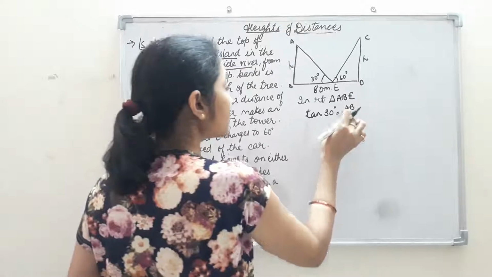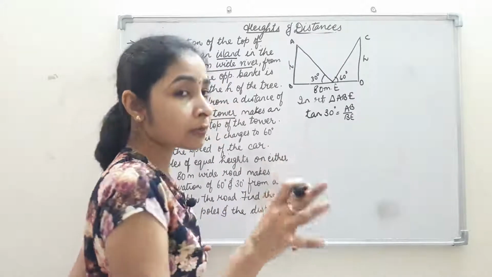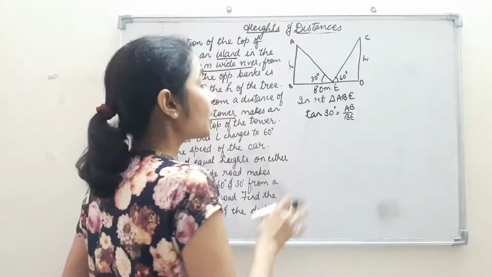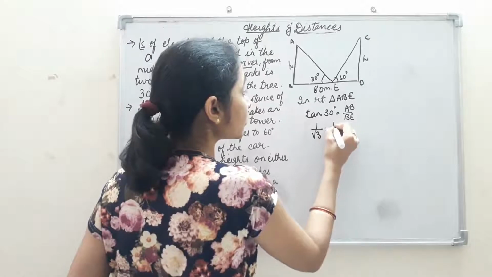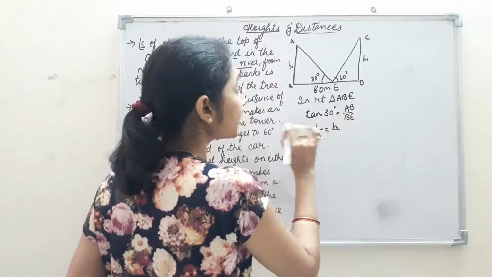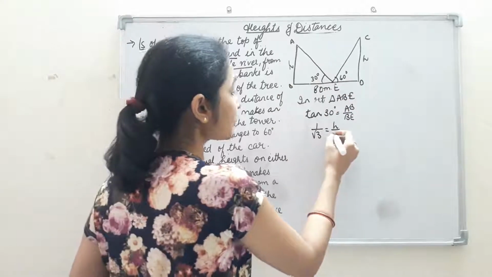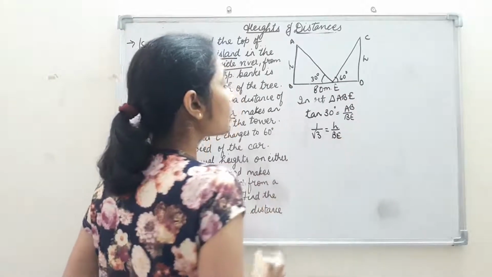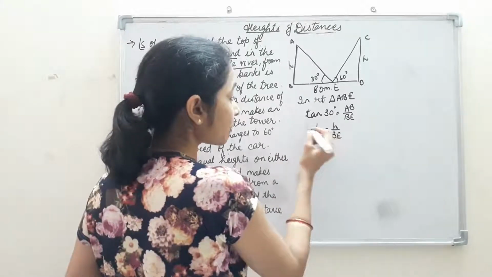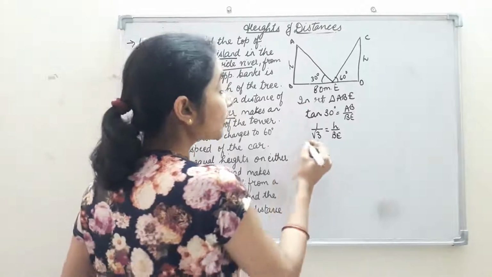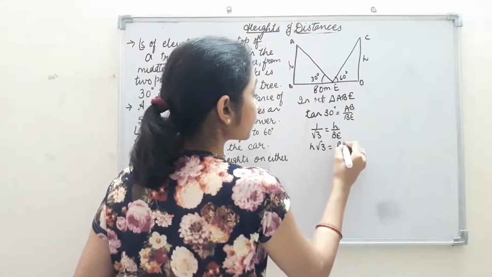In place of AB we will substitute H because AB is equal to CD, so we have taken a common variable for them, that is H, and tan 30 degrees is equal to 1 upon root 3, so 1 upon root 3 is equal to H upon BE, and BE we don't know. The whole distance is 80 meters, so somewhere we will substitute it later. Here we are having 1 upon root 3 is equal to H upon BE, so if we find out the value here, then what do we get? H root 3 is equal to BE.